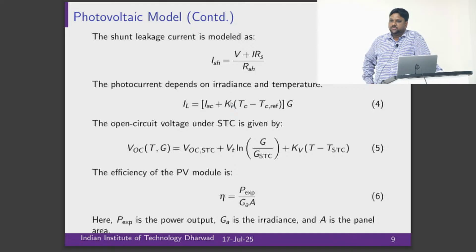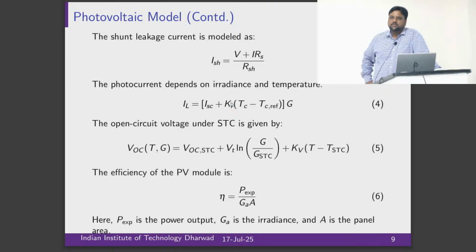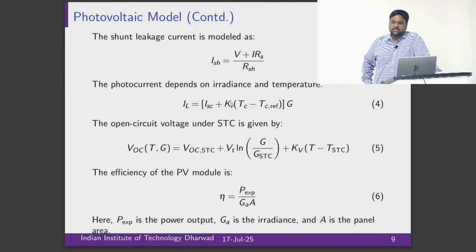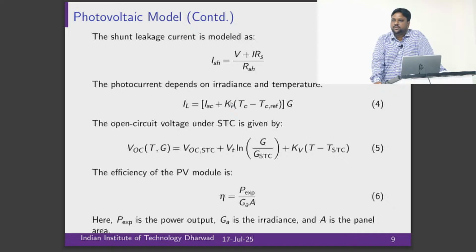by RSH. Okay. And that photocurrent expression is also temperature dependent. Okay. Because as I told, temperature and irradiation. So, G is the irradiation parameter and for the temperature you see Tc minus Tc reference. Okay. And Kf is the short circuit current temperature coefficient, okay, and ISC is the short circuit current. So, if you see, when solar PV cells receive the irradiation and the temperature, that will affect how much photocurrent you generate.